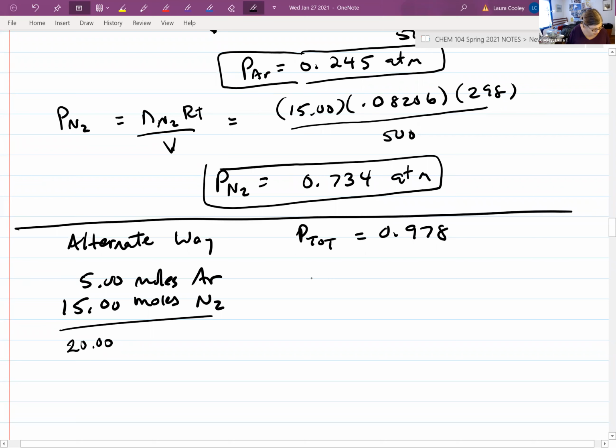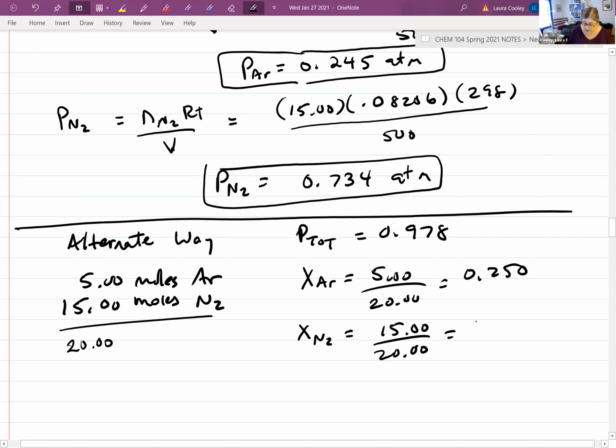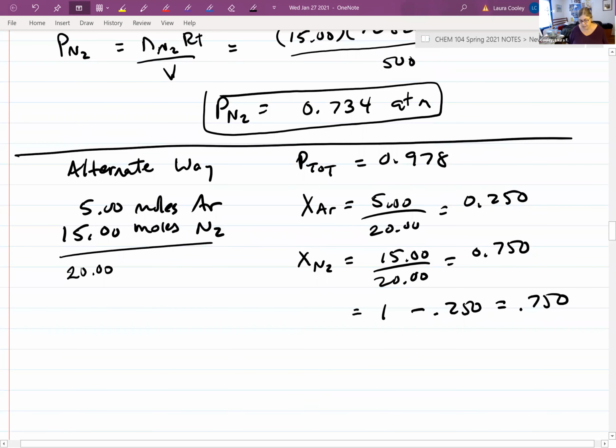So we know that we can use the mole fractions. The mole fraction of argon is 5/20, or 0.250. And the mole fraction of nitrogen, I don't even need to calculate this way. I can just take 1 minus 0.250 and get 0.750, keeping the 3 sig figs. Then I can find the partial pressure of argon as the mole fraction of argon times the total pressure.